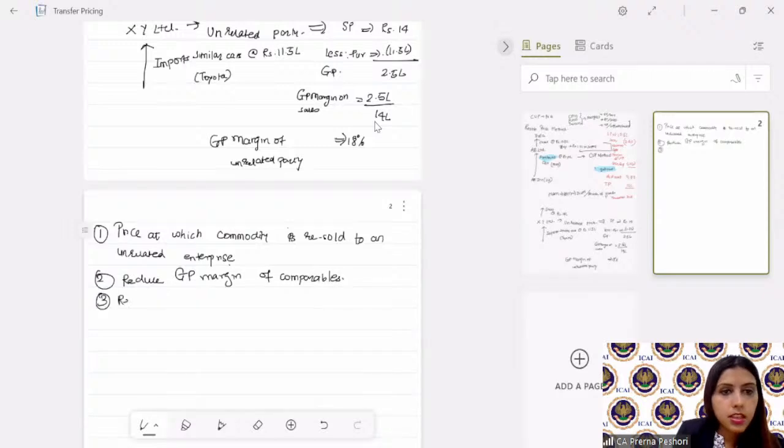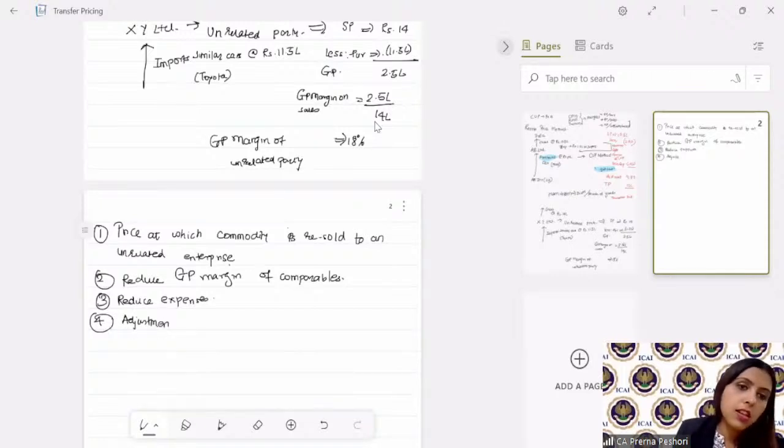Then reduce expenses, and finally adjustments, if any, to be made so as to make the margins comparable.